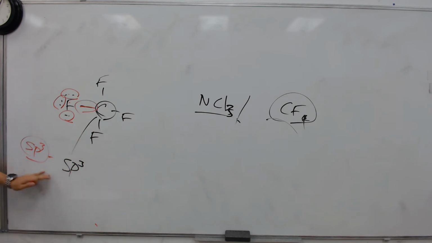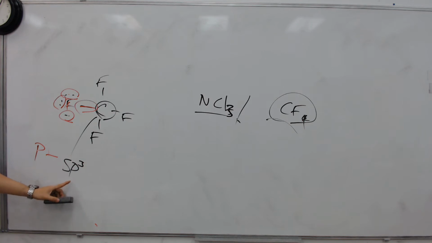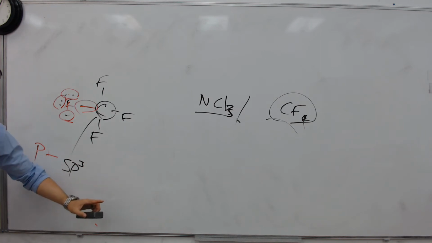Other textbooks say no, the fluorine does not get hybridized, and it's only the unfilled p orbital that shares electrons and becomes p overlapping with sp3 of the carbon. So it's one or the other.